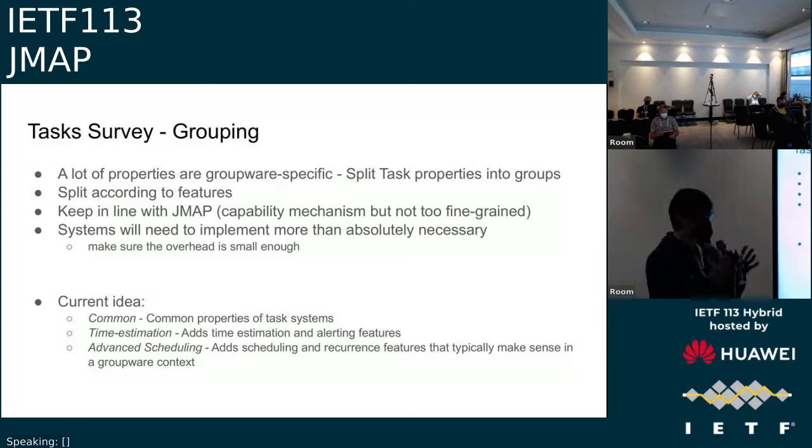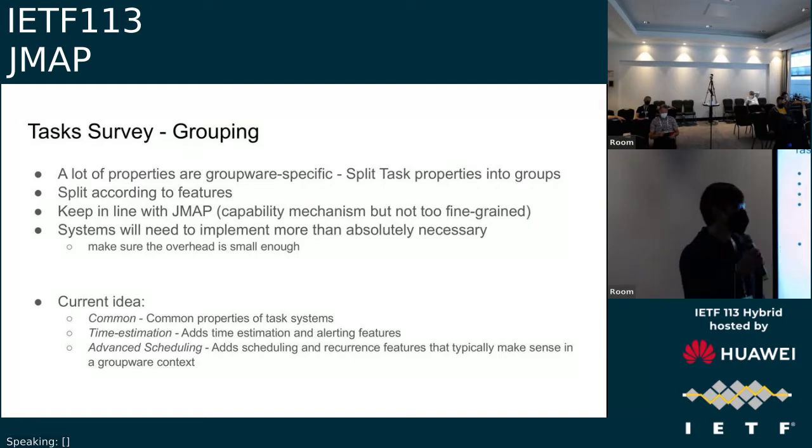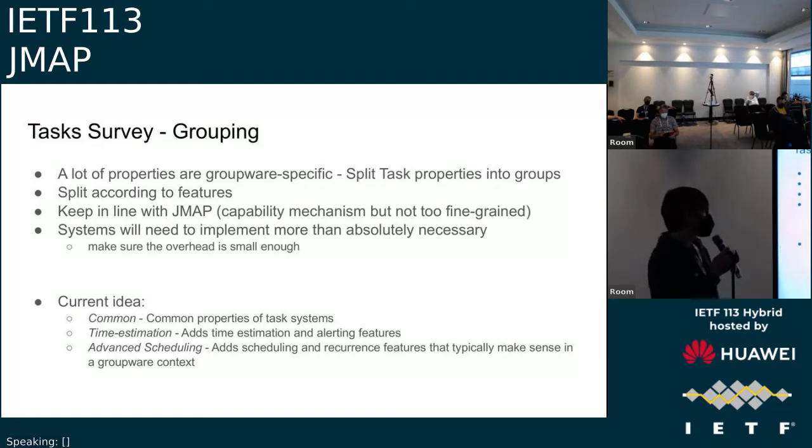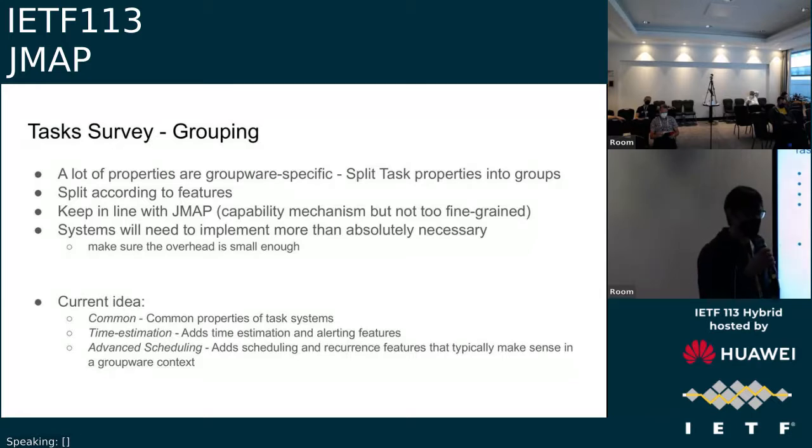We don't want to have 20 different capabilities. And one thing I wanted to note is that if we go that road, then systems will need to implement a bit more than they absolutely need. But I think that's just necessary.